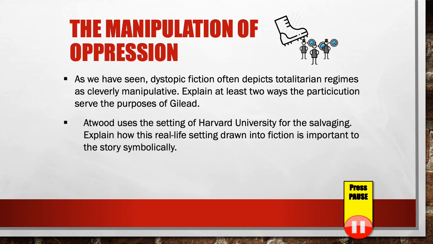So by allowing them to participate in the guardian's execution, Gilead is effectively channeling the handmaids' anger onto a single man. He's a scapegoat.